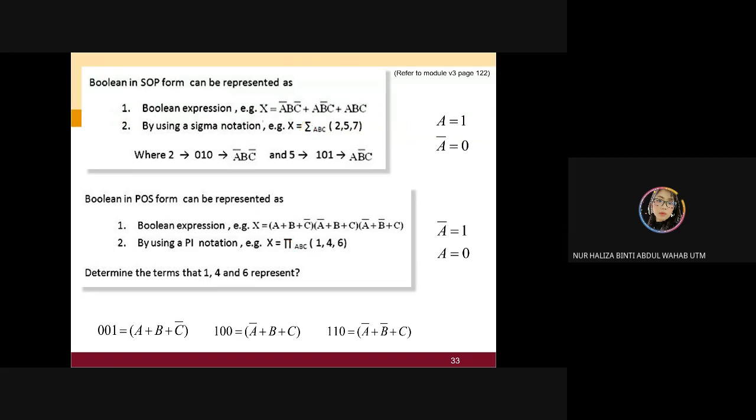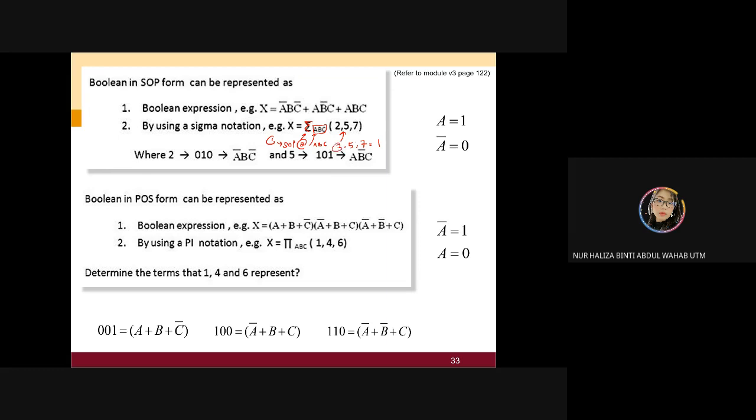Here is an example of how to read and understand the notation. If you are given this, the first thing you know is that this is sigma, so it is SOP. Second, you look at the variables. It mentions variables A, B, and C. What does this mean? At 2, 5, and 7, your output will be 1.